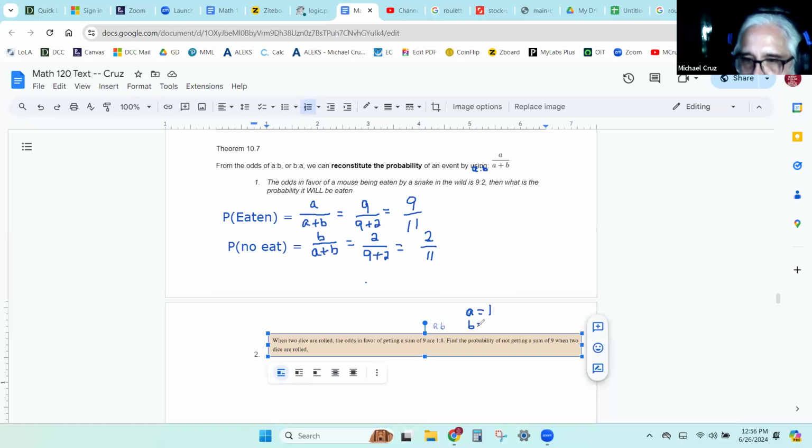B is equal to 8. So we're creating probability. We're trying to find the probability of not getting a sum of 9.